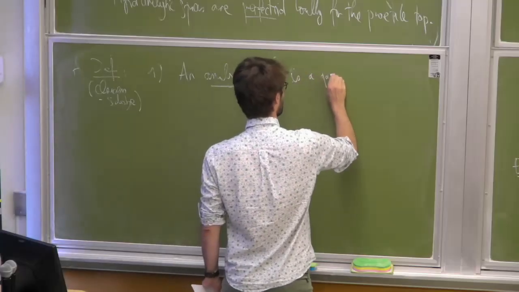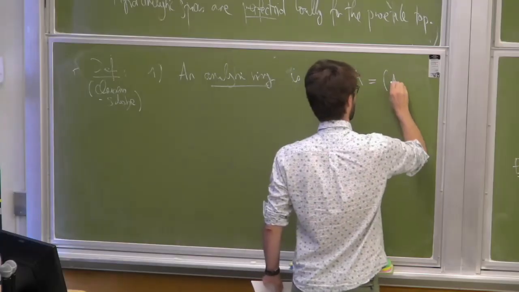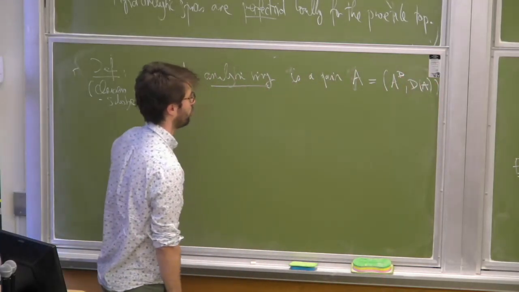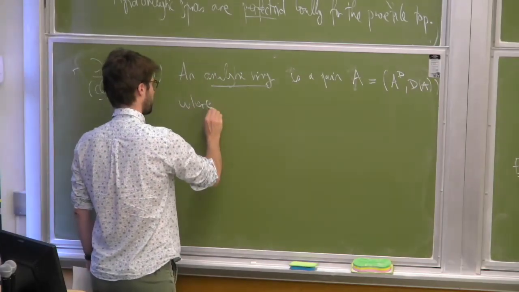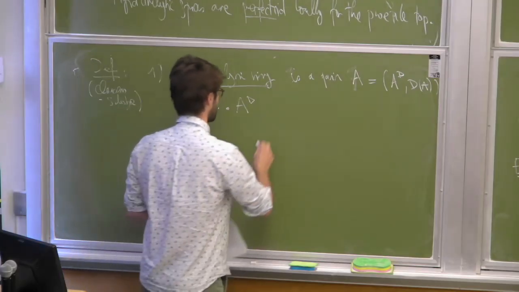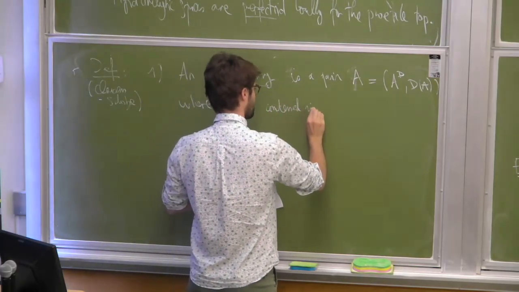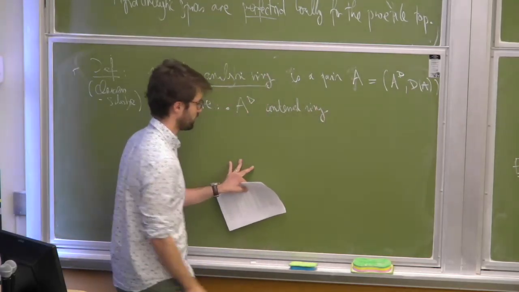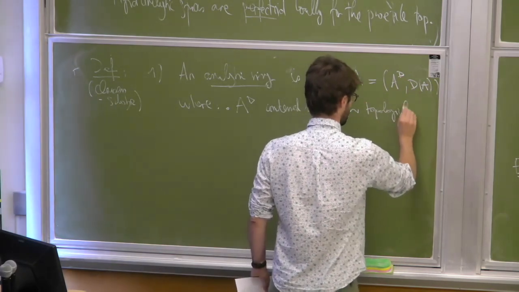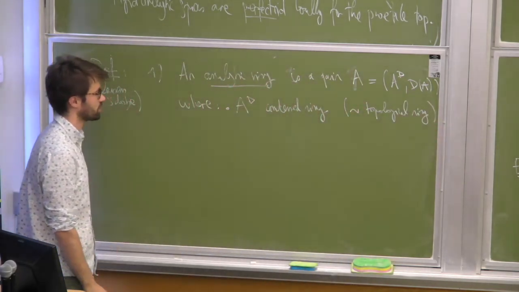It is a pair (A, 𝒟), where A is a condensed, or light condensed, ring. The intuition is topological, like topological rings; convergent power series rings are examples.